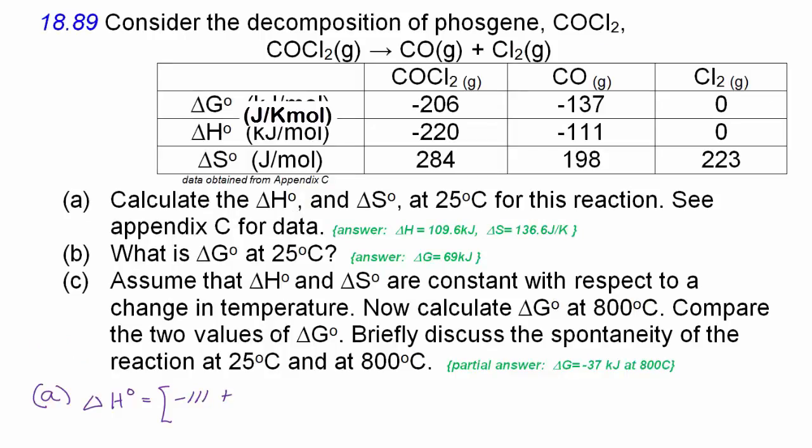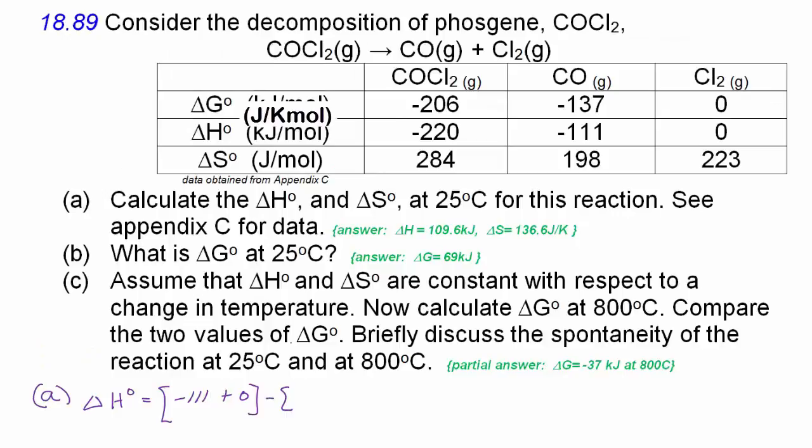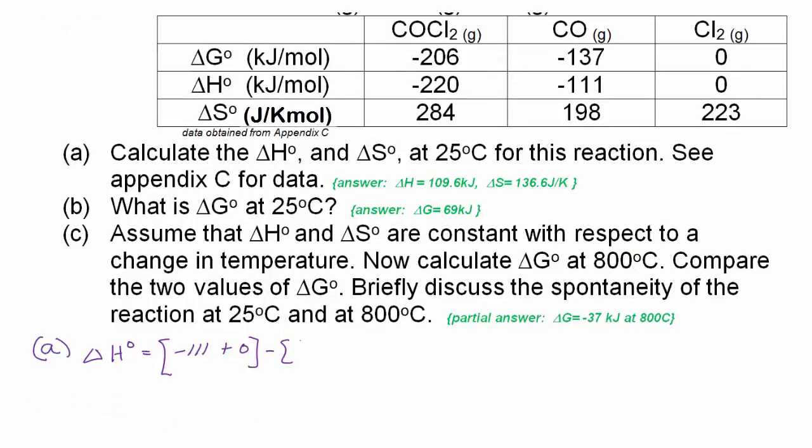And chlorine is 0, minus reactants. My reactant is the phosgene, negative 220. So 220 minus 111, about 109 kilojoules per mole.